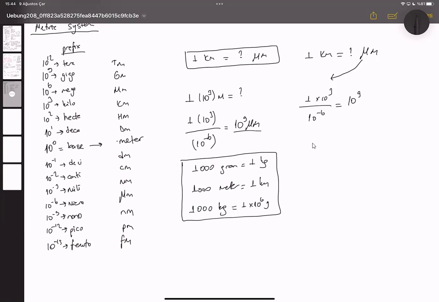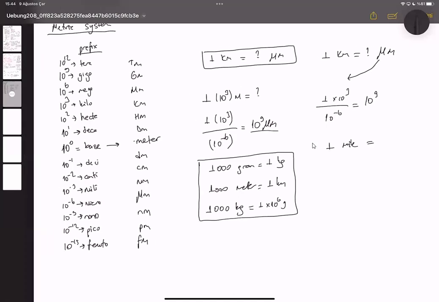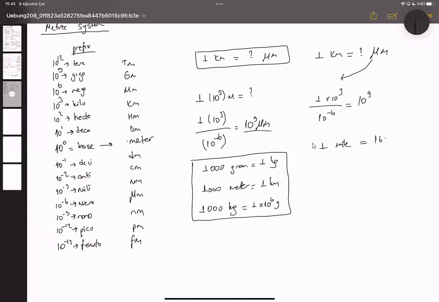For example, 1 mile is 1,609 meters, or 1.609 kilometers. 1 meter is 3.28 feet, or 1 foot is 1 divided by 3.28 meters.